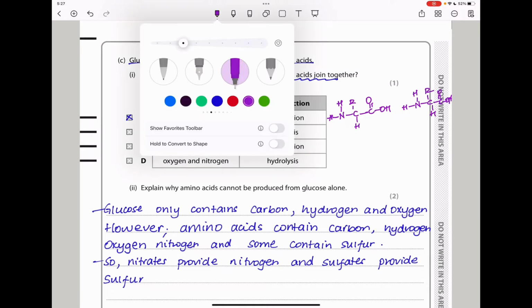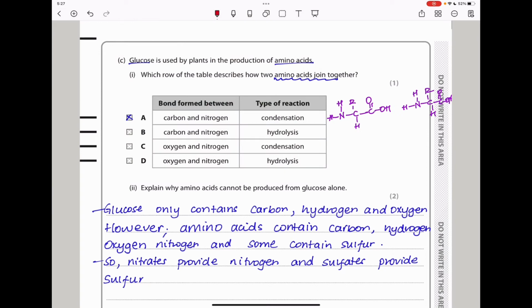So if this is to combine, this hydrogen here and this OH are going to be converted into water, and then we'll have H and H, and then the R and hydrogen here, and the C double bond O on the other side, linking to the nitrogen with a hydrogen, and the R, there is an H here, and the COOH.